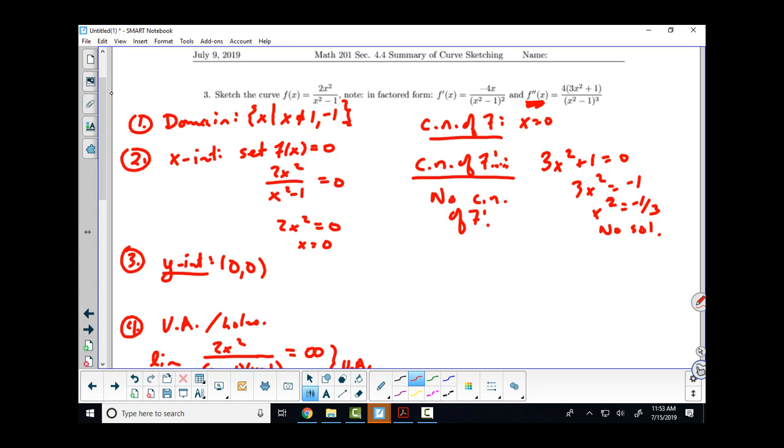So in fact, we can go ahead and say that this function has no inflection points. Careful, I'm not saying it's not ever going to change concavity, but it's never going to change concavity at a point where the function's defined. Does that make sense? So it might change concavity somehow, but not at a place. You won't be able to point to where it changes concavity at a point on the graph.